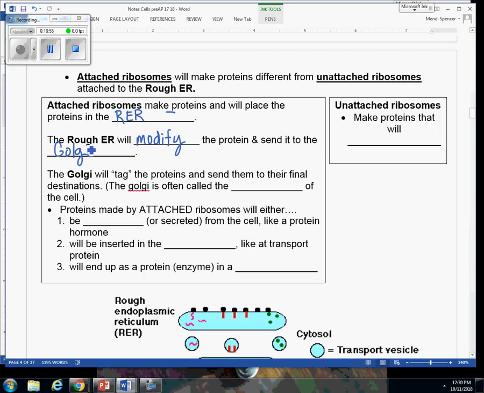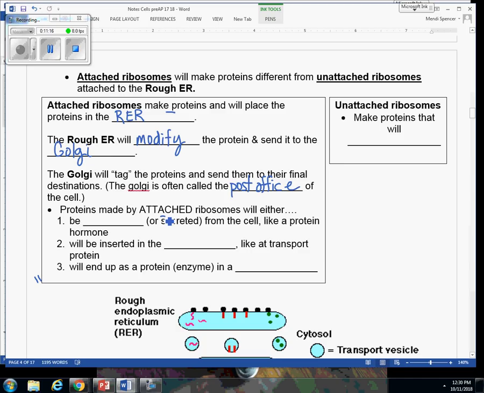That Golgi is going to tag the proteins and then send them to their final destination. And since the Golgi is always receiving, tagging, and shipping out, sometimes it's referred to as the post office of the cell.